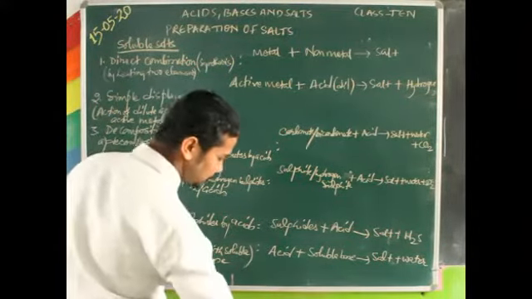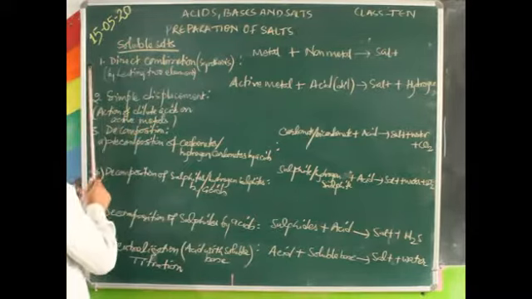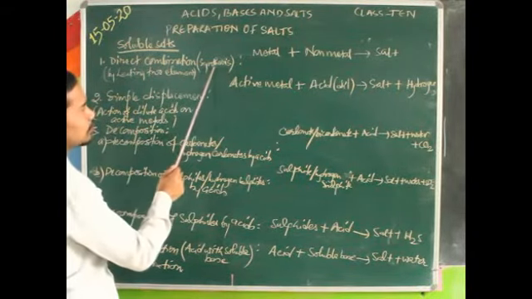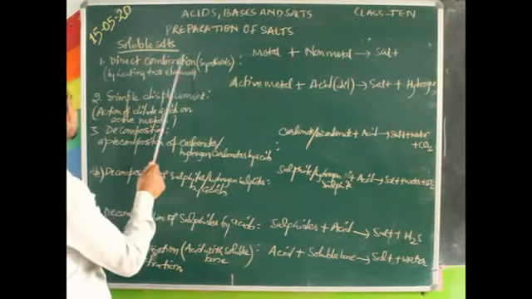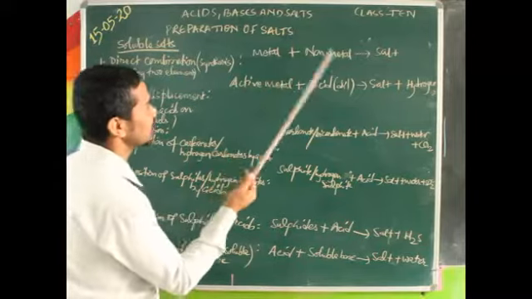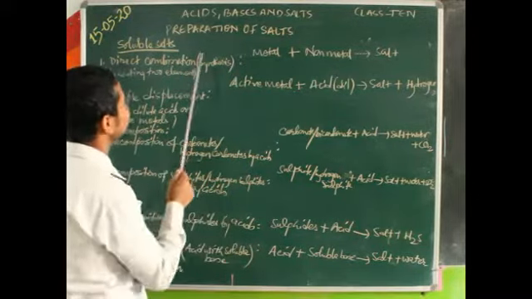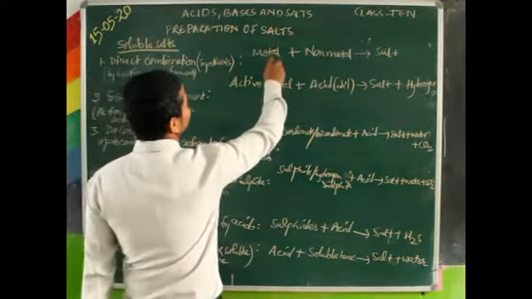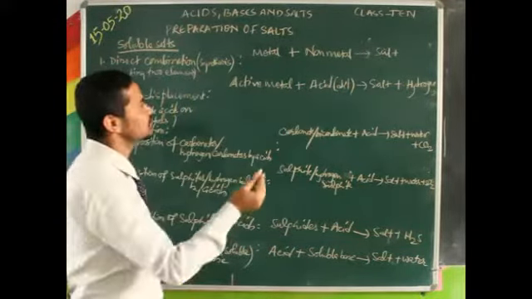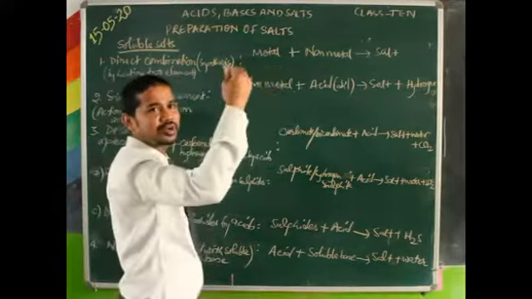Now, number one, direct combination, and this direct combination is also called synthesis. Why? Because we'll be heating two elements to make salt. Metal plus non-metal gives salt. Any metal, zinc or sodium, anything.